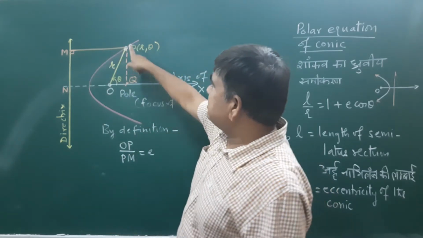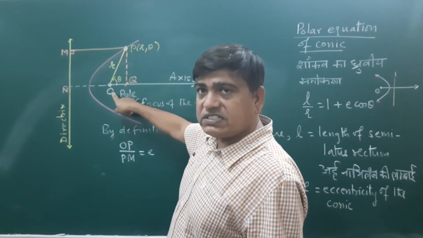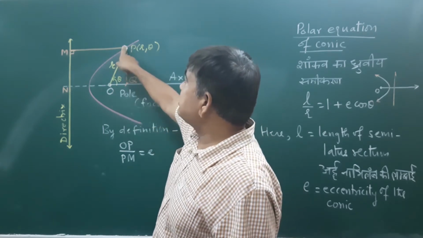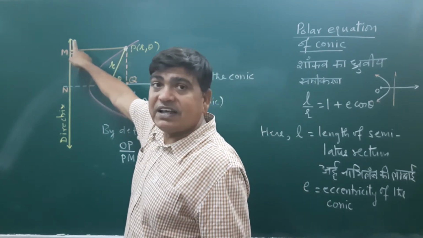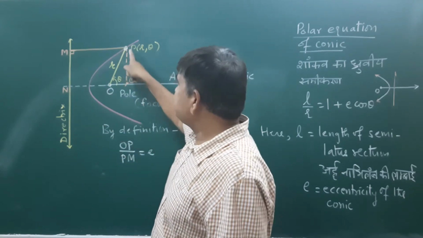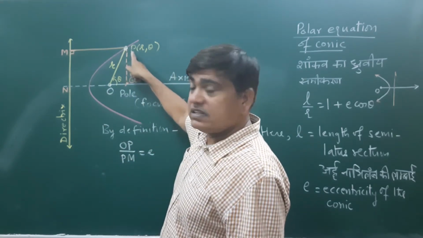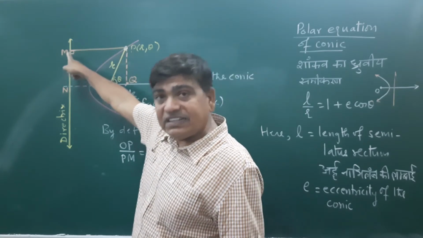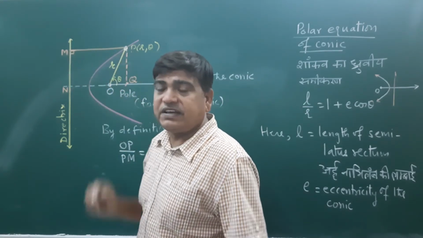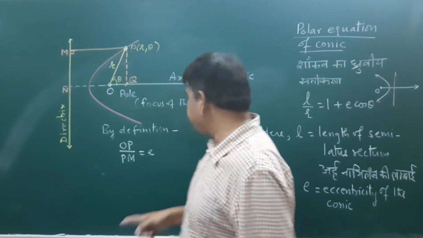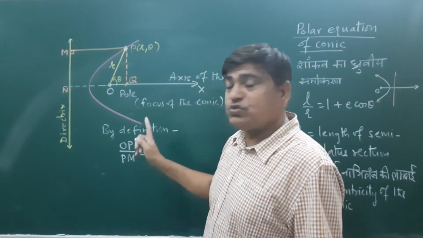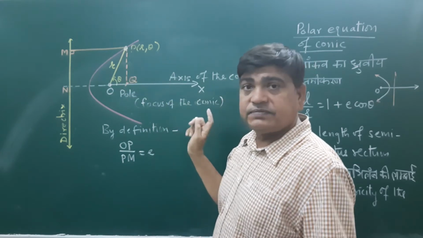So the distance of this point from the focus and the distance of this point from the directrix have a ratio that is fixed, and we denote it by E. E equals 1, then this will be a parabola.